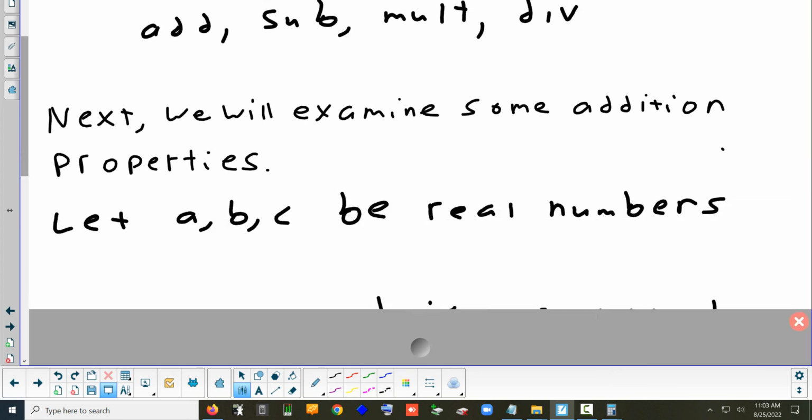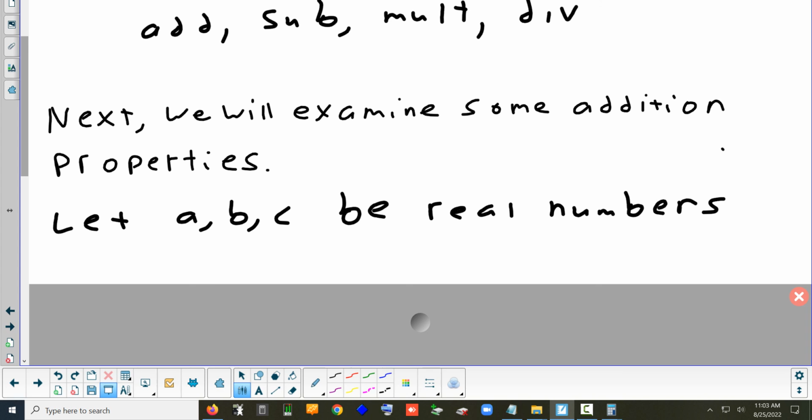So we're going to look at some special properties. One of them I already kind of hinted at to you, the idea of something being closed, or closure. In these properties, I'm going to use the letters A, B, and C to represent real numbers.